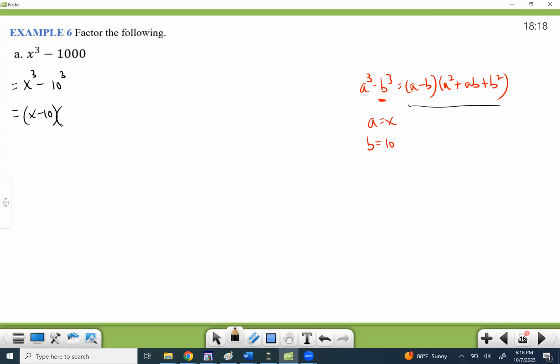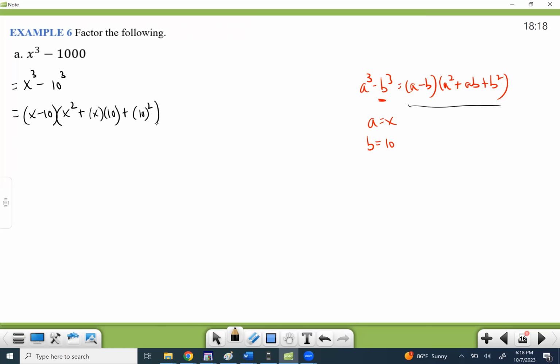Then A squared, so that would just become X squared, plus A times B, so that's going to be X times 10, right? And then plus B squared, so plus 10 squared.